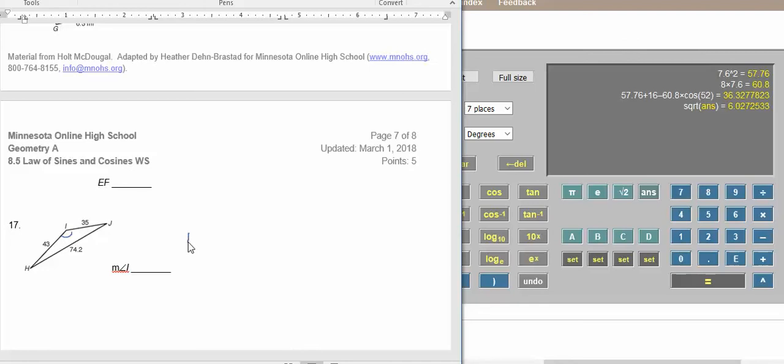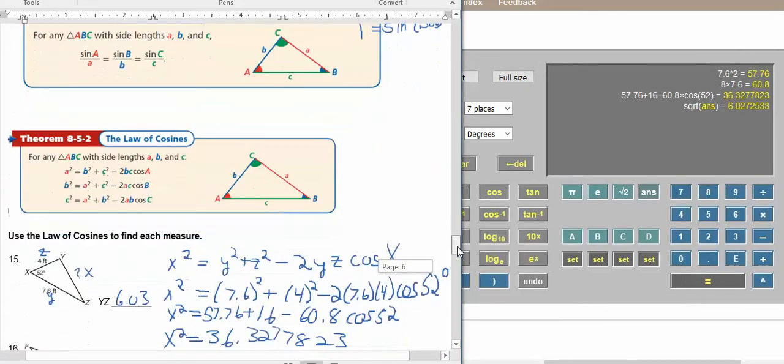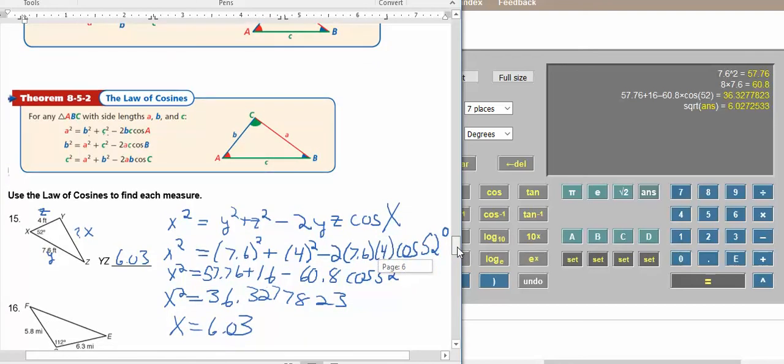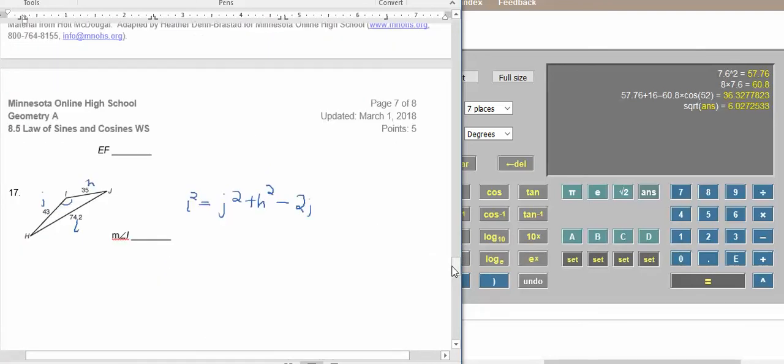So that's I squared will equal, this is side I, this is side H, and this is side J. So I squared will equal J squared plus H squared minus 2 and then J times H, and then the cosine of angle I.